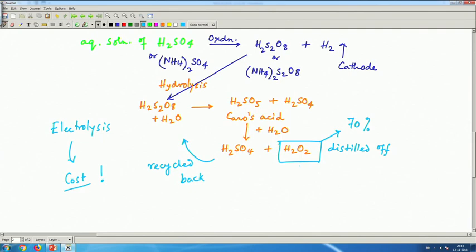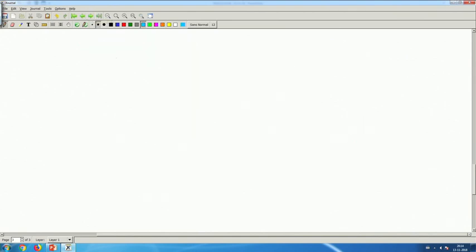Then we can go for the production in a different way, that means the anthraquinone technique. So, the anthraquinone process can be utilized for the production of hydrogen peroxide, where substituted anthraquinone, which is this particular molecule, R is the substituted one.